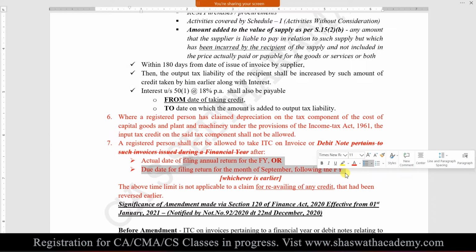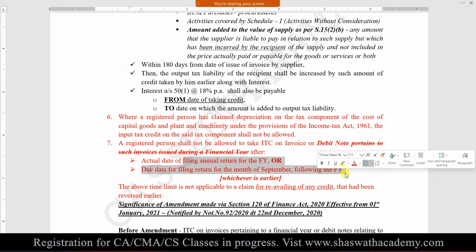Have you understood this in the tax invoice, debit note, credit note chapter? There is only a time limit restriction for credit note, and there is no time limit restriction for debit note, and there is no time limit for issuing a debit note. Why should I restrict the credit? Therefore the credit is also entitled. Sir, for what purpose should I take the credit, April 2021 or April 2022?